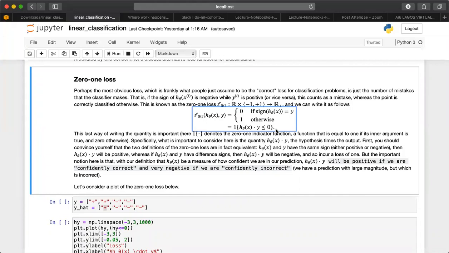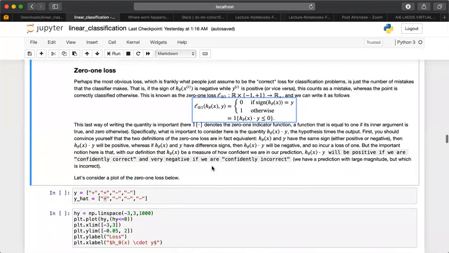If you're in the negative region, you are less than or equal to 0. 0 is neutral, so you're either in the negative region, the positive region, or exactly equal to 0. And that is what this is saying: if your hypothesis times your target is less than or equal to 0, then you have a loss of 1.